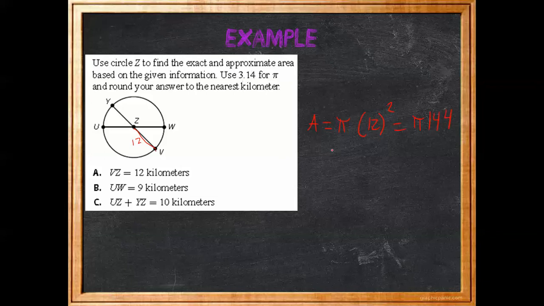So the exact answer then is 144 pi. Usually you want to write pi at the end. So we have 144 pi, or we can take that 144 and multiply it times 3.14.